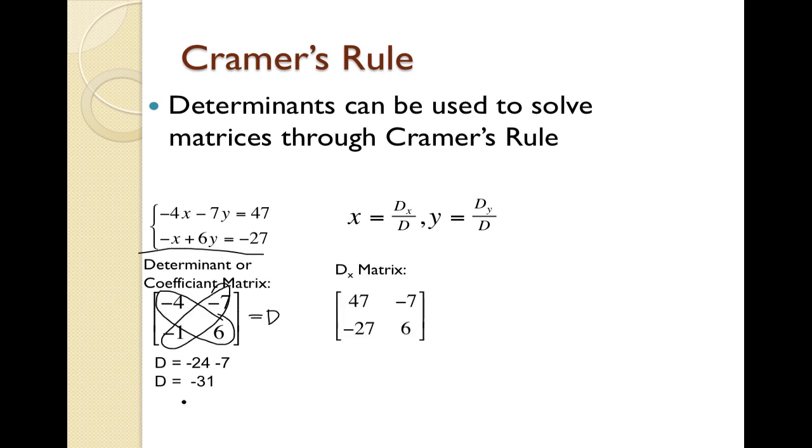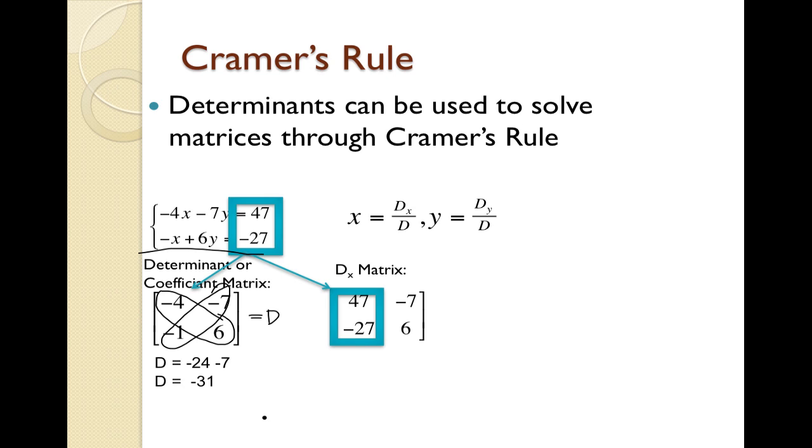Now we need to figure out what our Dx matrix is. It looks kind of similar. We've got the numbers from our linear system, but not quite in the same order. For your Dx matrix, or whatever variable comes first, you swap that first column with the answers, with your solution.